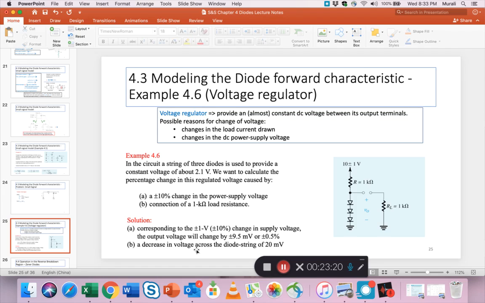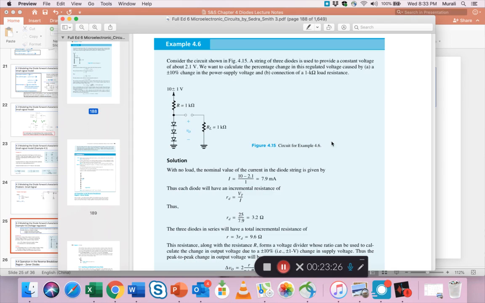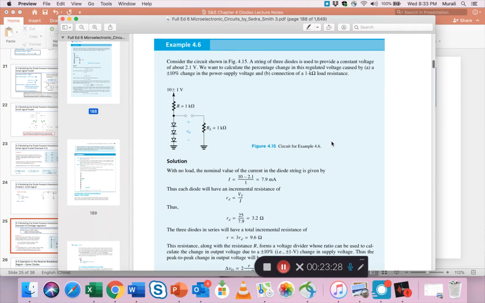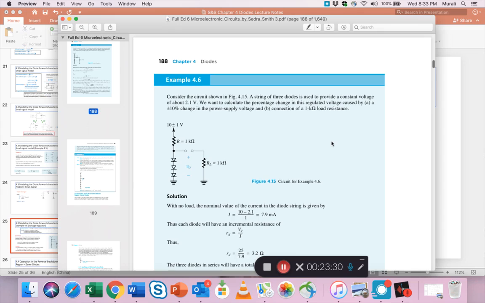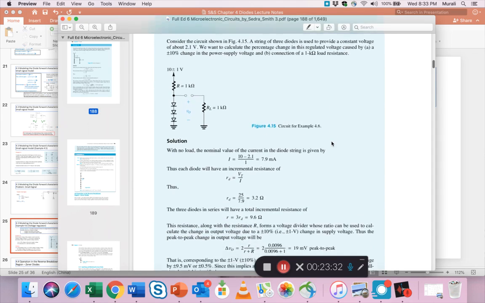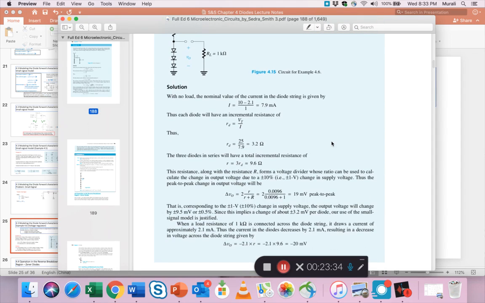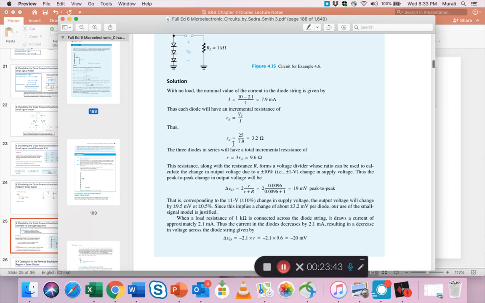So those are the two answers, and I know again time is an issue, but let me quickly open up that question. It's on page 188, example 4.6, and you can see how we came up with the exact calculation. Okay. First, he calculates the rd for each one of them.